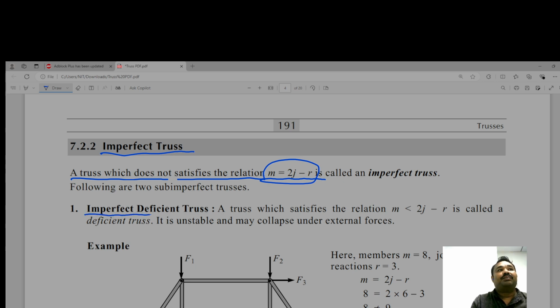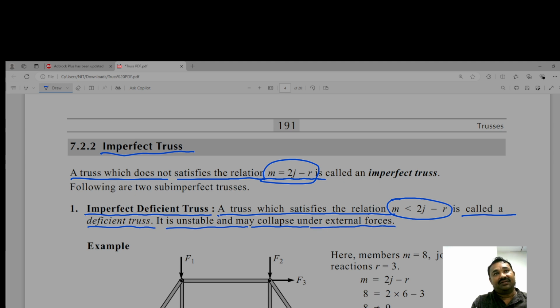One is imperfect deficient, in which there will be fewer members. A truss which satisfies the relation M less than 2j minus r is called a deficient truss. It is unstable and may collapse under external forces.